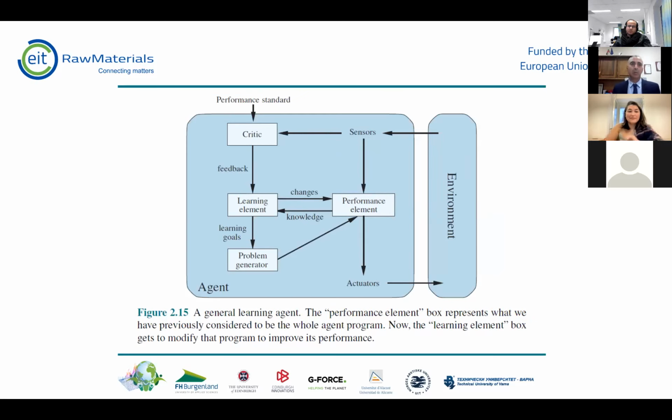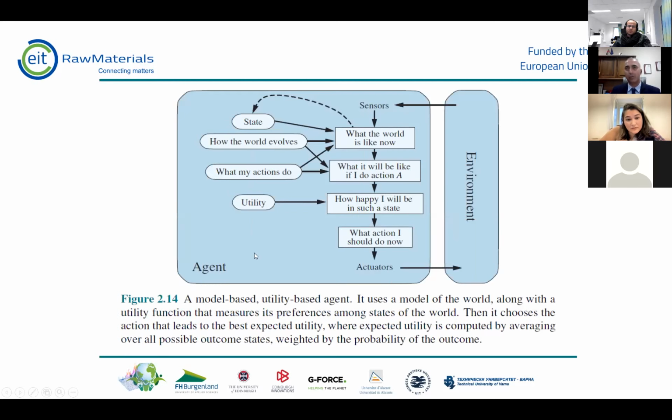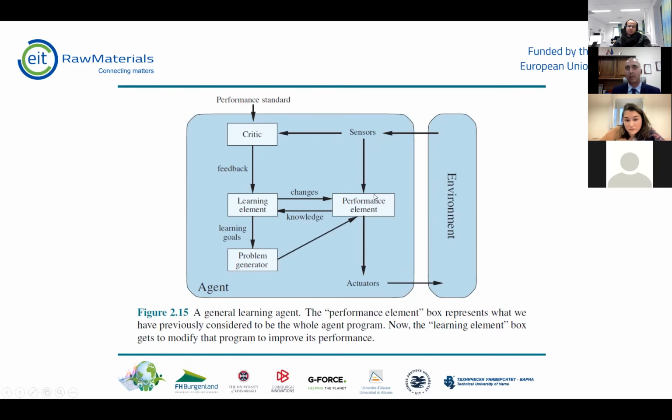Another example could be the agent that learns. This is a general diagram of a learning agent. And then the entire agent that I showed you in the previous slide is now just one box here, the performance element in the new learning agent.